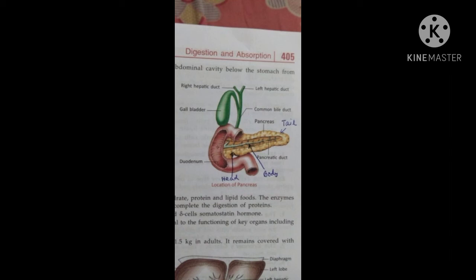Look at the diagram. You will find head of pancreas, body of pancreas, and tail of pancreas. We know that pancreas is a mixed gland consisting of both exocrine and endocrine part.